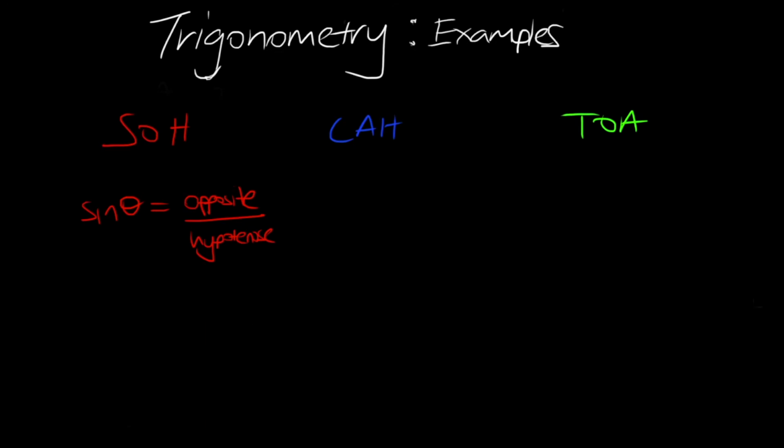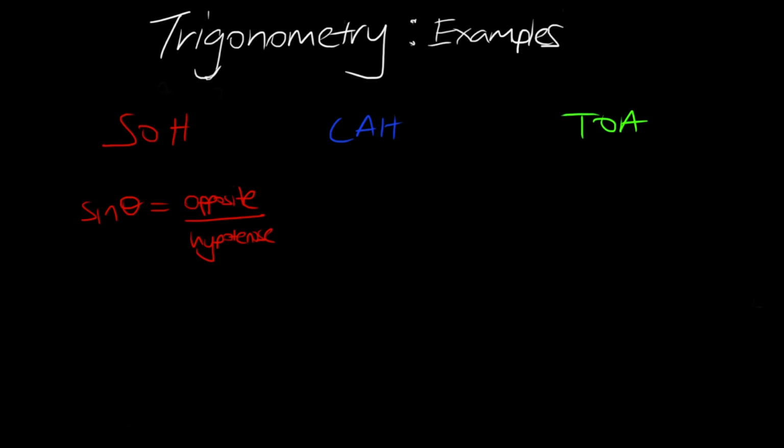I just showed you when we might need to use which ratio. But if we have some given angle, in the last video we saw that we denote the given angle by theta. So the sine of that angle will be equal to the opposite side over the hypotenuse.